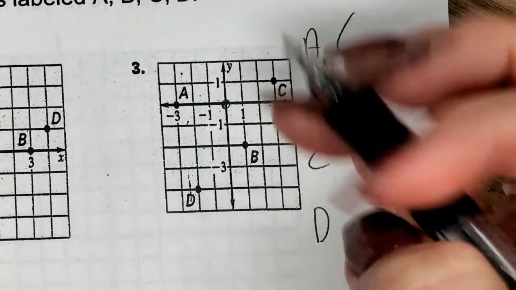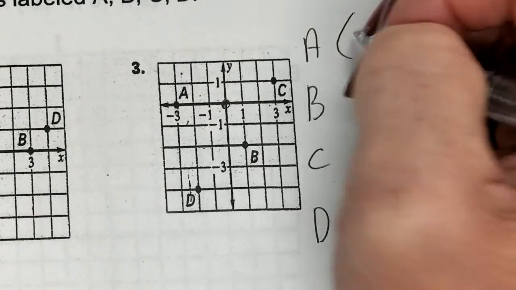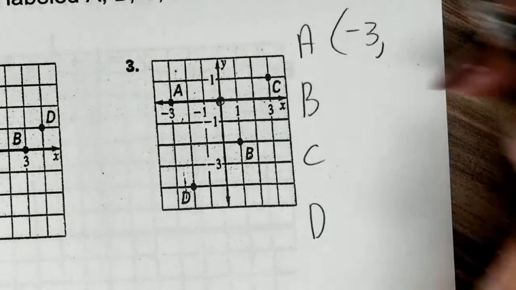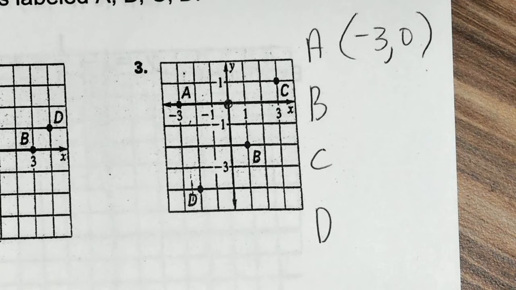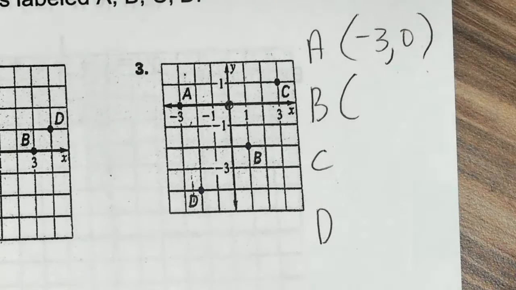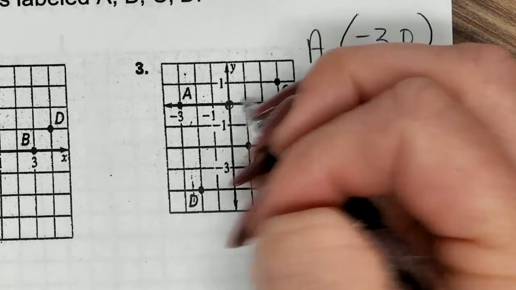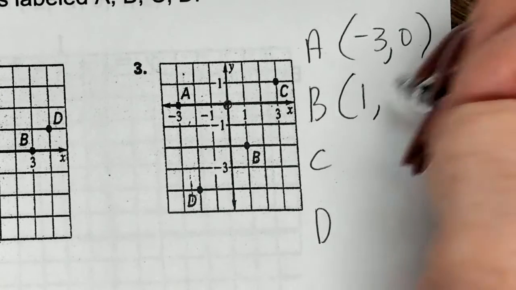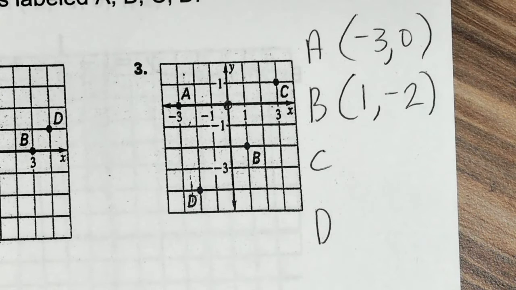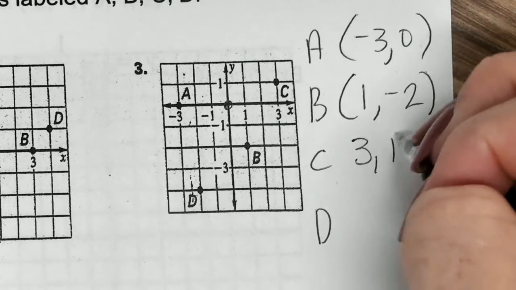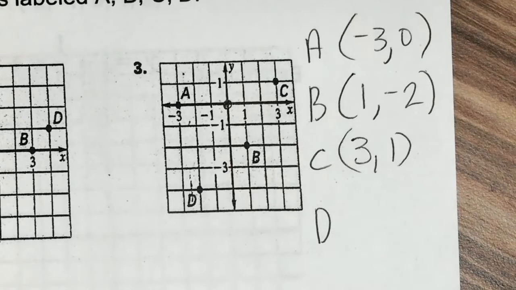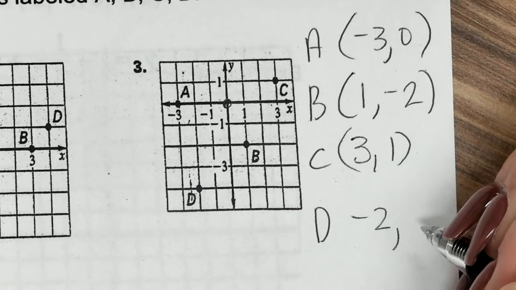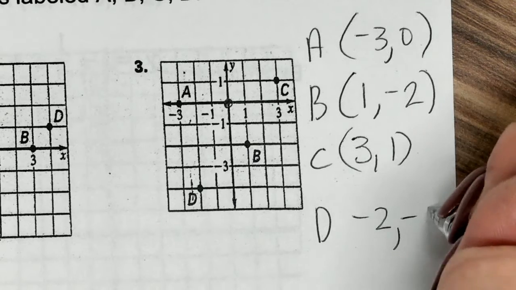On the x-axis, where is A? -3, comma, where is it at on the y-axis? 0. Point B, on the x-axis, it's at positive 1, and on the y-axis, it is at negative 2. All right, point C, 3, 1, and point D, negative 2, negative 4.